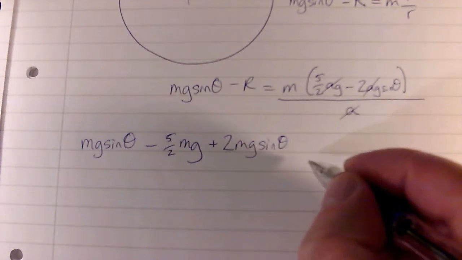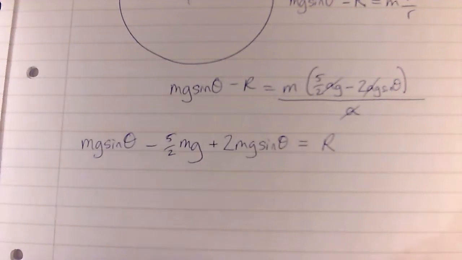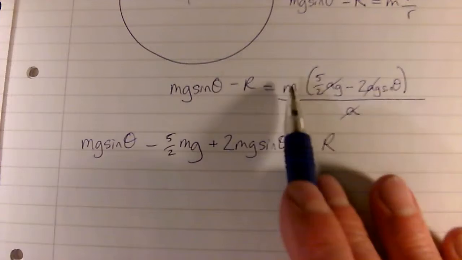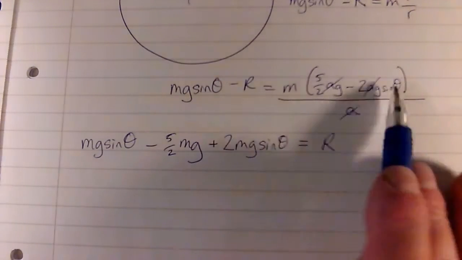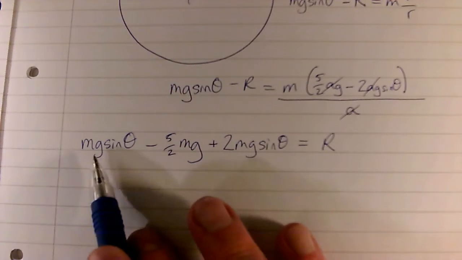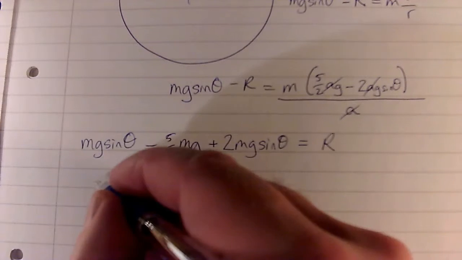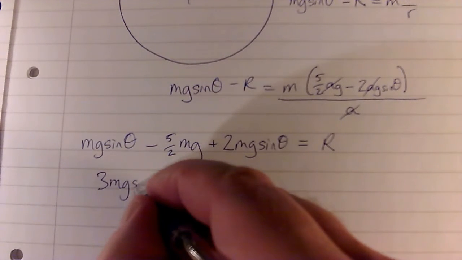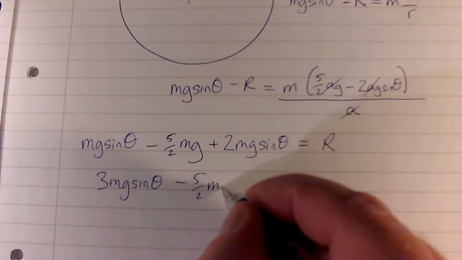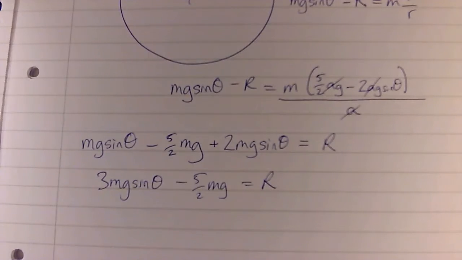And I'm going to say all of that equals R. So from this equation to this one, I'm adding R to both sides, and subtracting this expression from both sides. It's not quite simplified yet because I've got mg sine theta here and 2mg sine theta here. So R equals 3mg sine of theta minus 5 over 2 mg. And I've got 5 marks if I do that correctly.